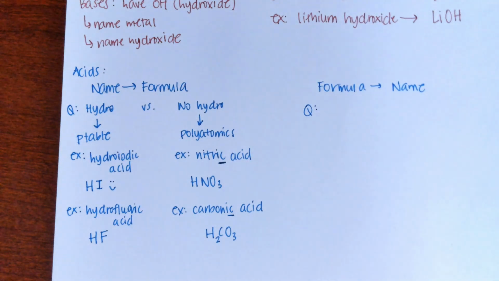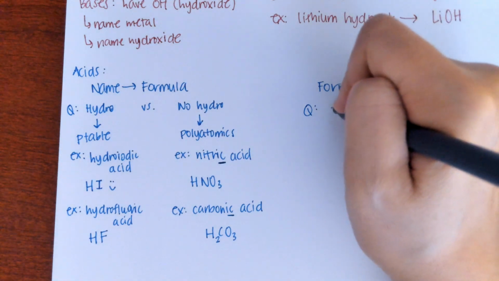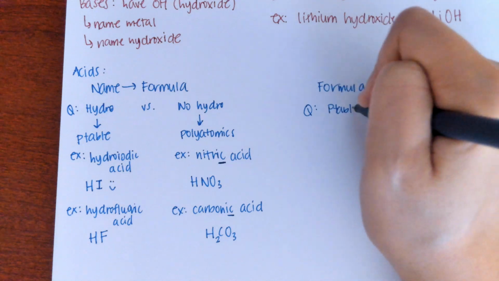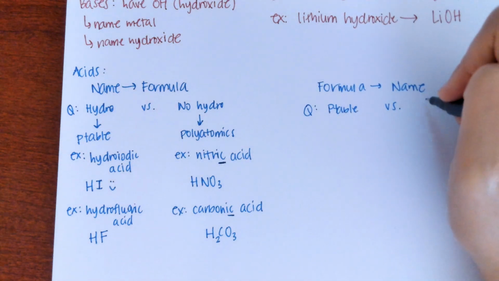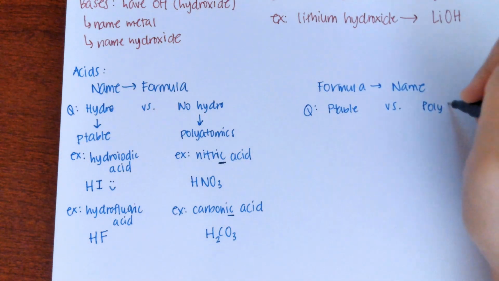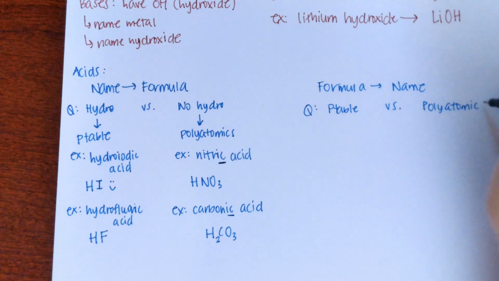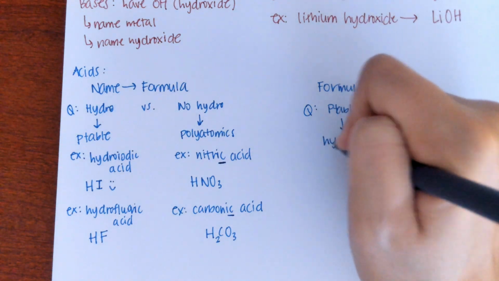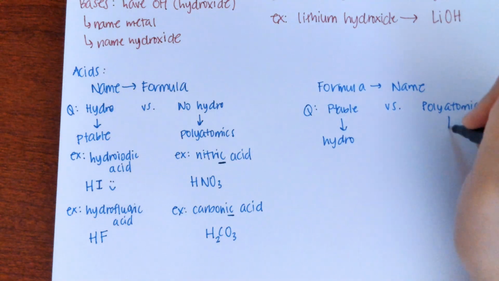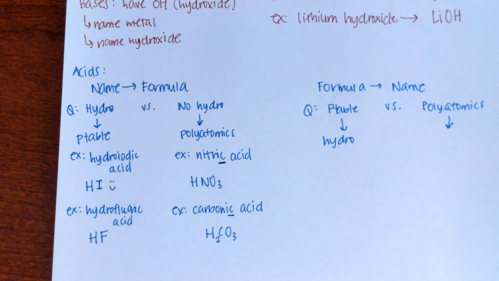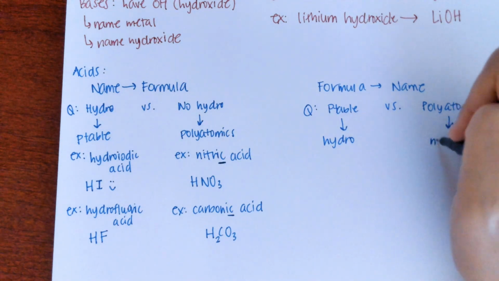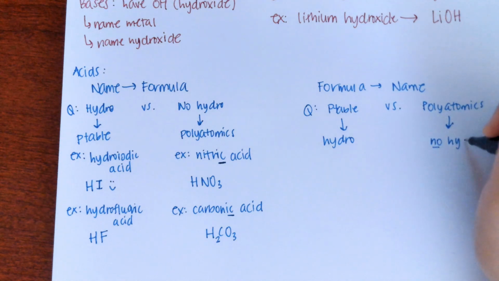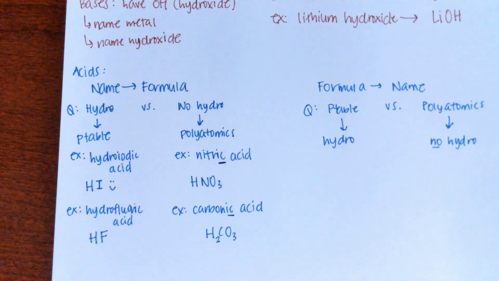Alright, so again, the first thing to ask yourself is whether the formula is from the periodic table or from the polyatomics. If it's from the periodic table, you do write hydro in front. And if it's from the polyatomics from your special list, you do not put hydro. You go straight to the actual name of the compound.